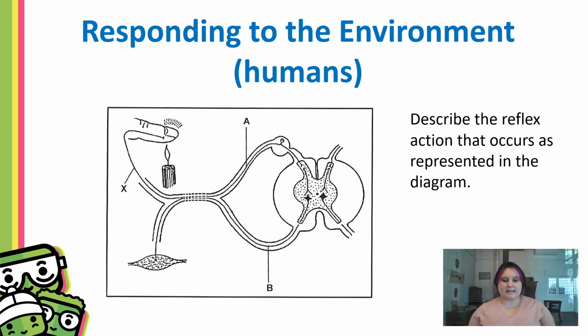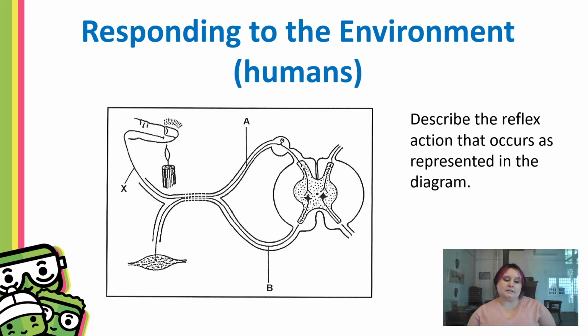A reflex action is a rapid automatic response. Rapid, meaning it takes place quickly, so it's really, really fast. And then automatic, meaning we don't think about it. It just happens, which is amazing. And it's so important because, as I said, it is there to protect our bodies from harm.